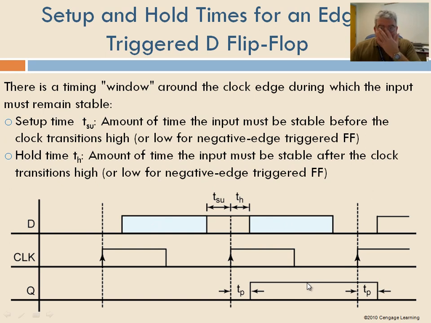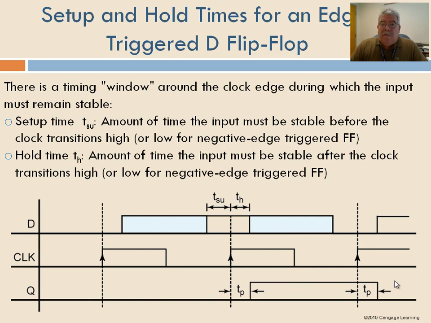Now, see what happens. We also have another propagation time that's part of the electronics, or the physics, of the circuits, as well as this setup and hold time. We need to include that in our timing.